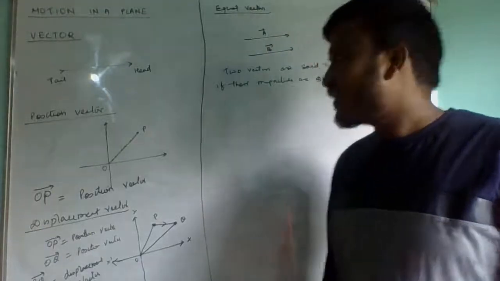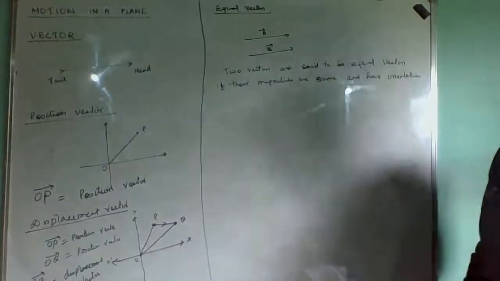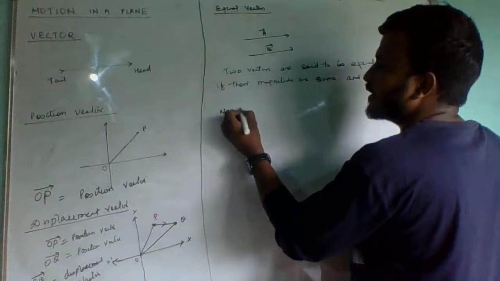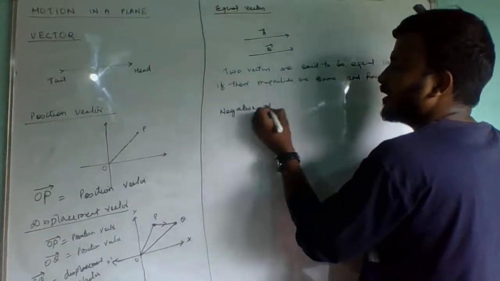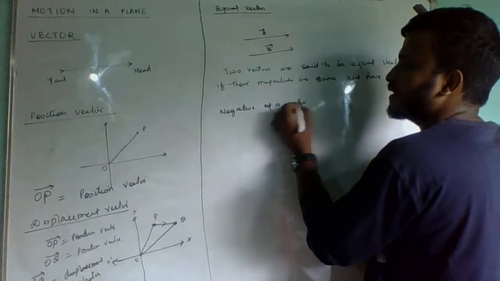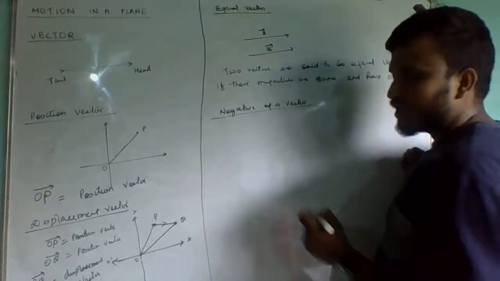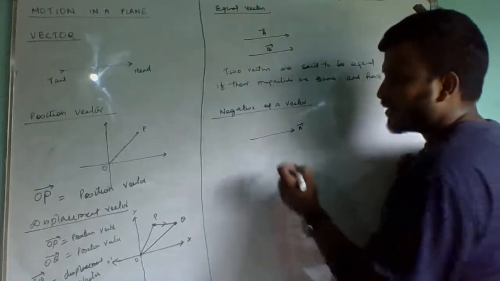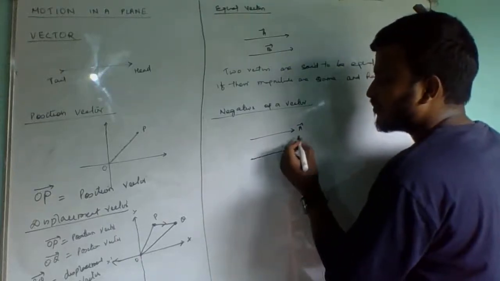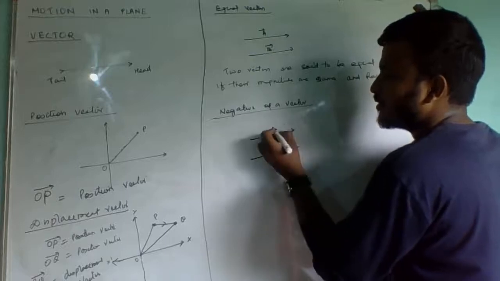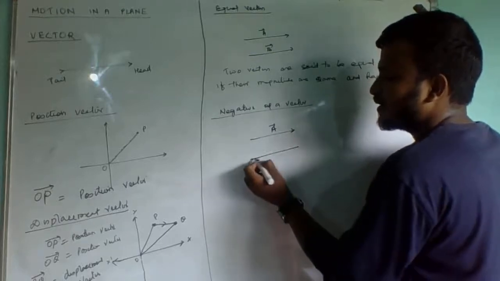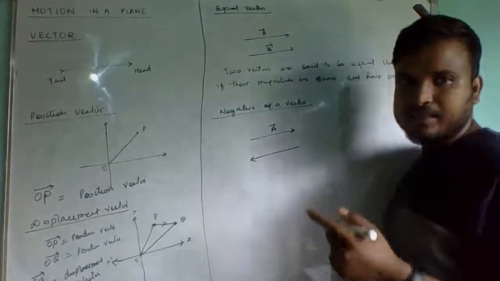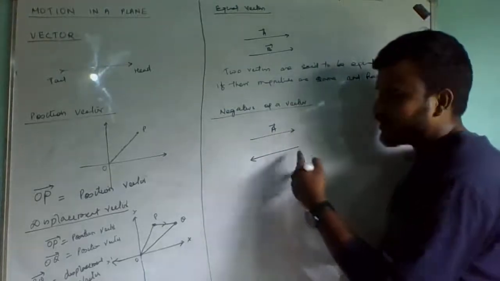Now, let us see negative of a vector. So what is negative of a vector? Suppose one vector A is going in this direction. If I multiply this vector A by a minus sign, its direction will get changed. Already I told you, when you put a minus sign on the x-axis, it will turn into the negative x-axis. Similarly here also.